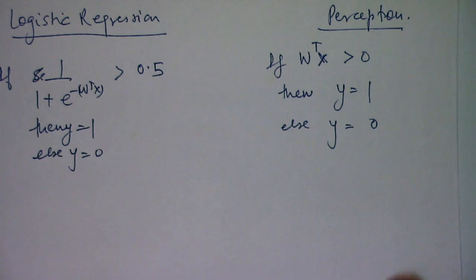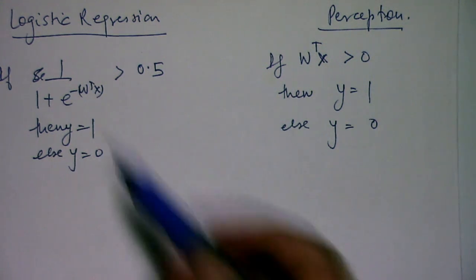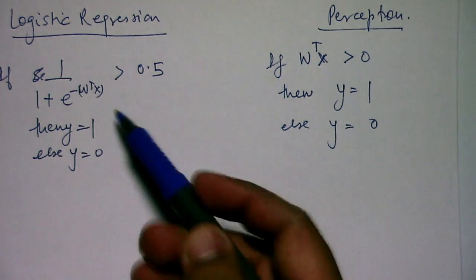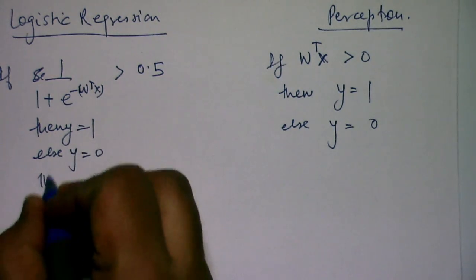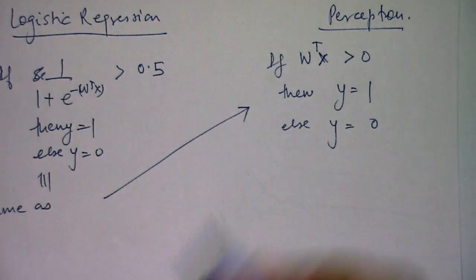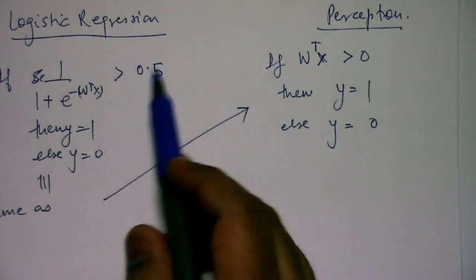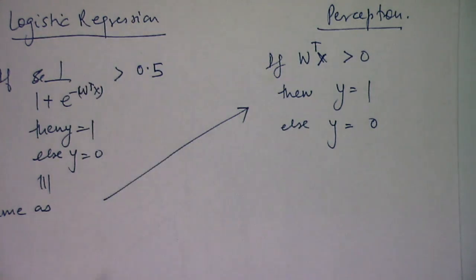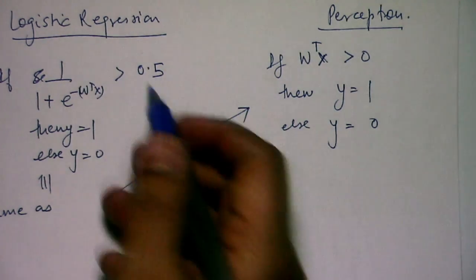These are the 2 different decision functions. But if you work this out, what you will see is that this is the same as this, right? Because if I take this here, half here, take a log of the whole thing, right?